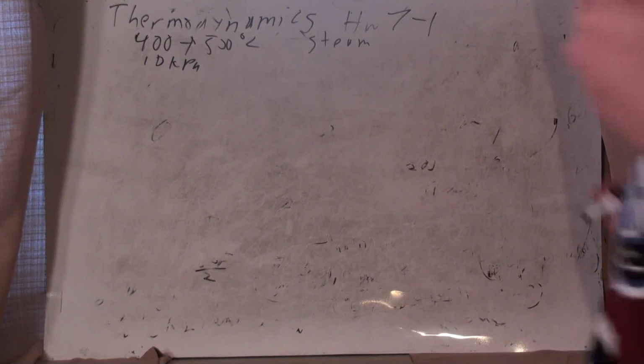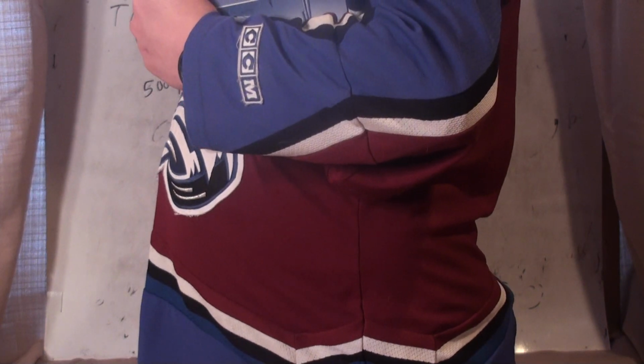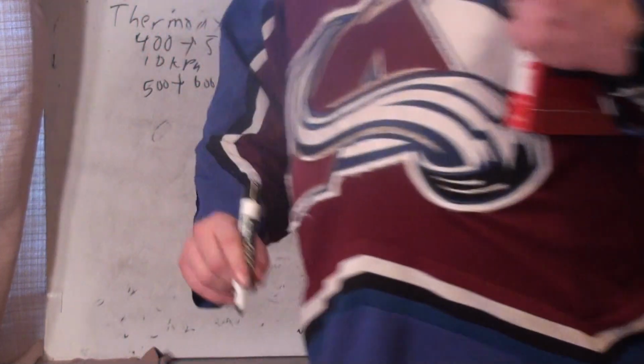And then it's asking for the same thing from 500 to 600. Okay. And then it is saying, first calculate the change assuming a constant heat capacity, then use a temperature-dependent heat capacity, then use the steam tables.